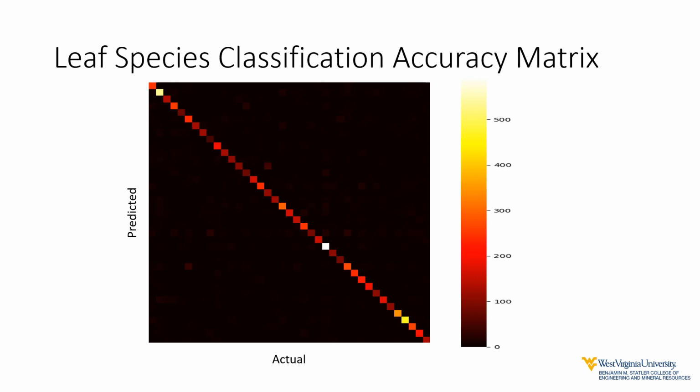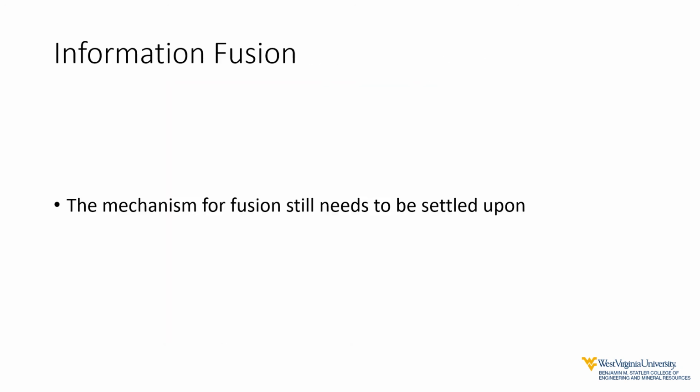We still have a little flaw in this matrix, but the accuracy was pretty high for this particular task, and we are inclined to use deeper models for more species classification. We are yet to implement our full model on the images and the organs, and for that reason we have not developed information fusion yet.